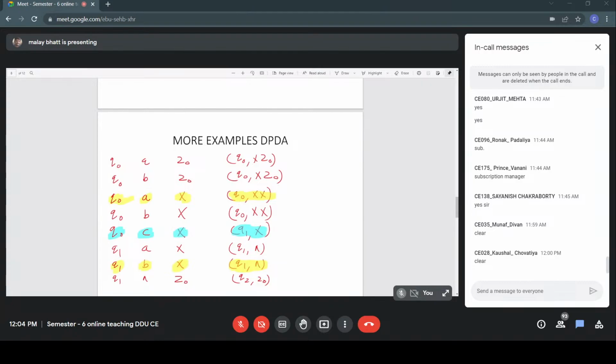So what is the advantage? Can anyone tell how we have reduced the number of rules? How are we able to reduce the rules? Yes, can anyone give the reason? How does this conversion into X reduce the number of rules of the deterministic pushdown automata?